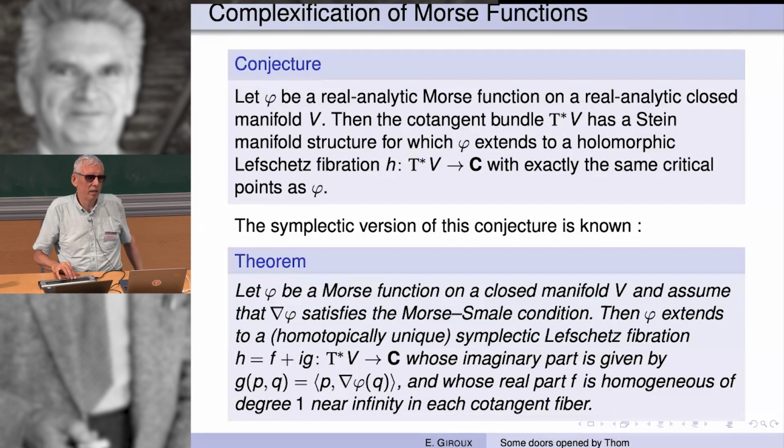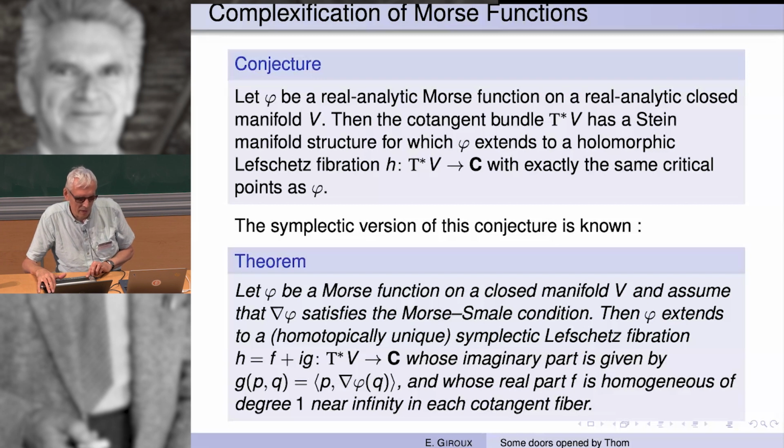If you take a real analytic Morse function on a real analytic closed manifold, then I claim that there should exist a complex structure on the cotangent bundle for which the function extends to a holomorphic Lefschetz fibration with exactly the same critical points.